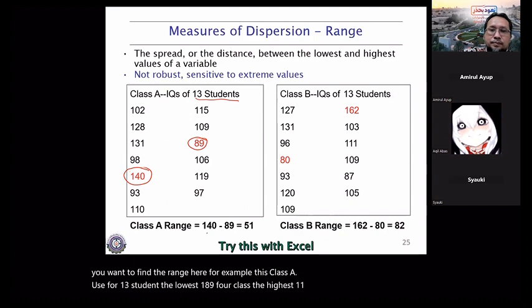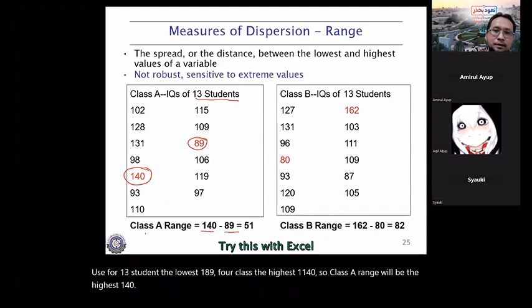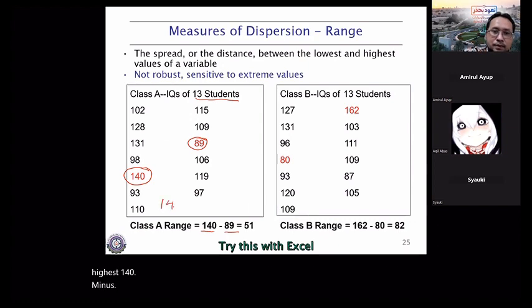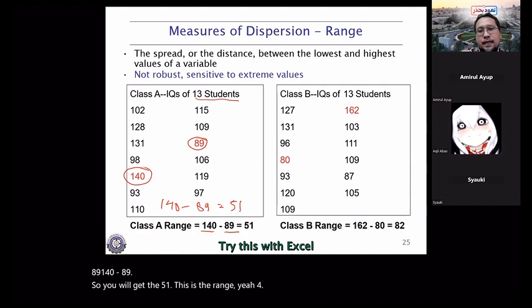So the class A range is 140 minus 89, which gives 51.